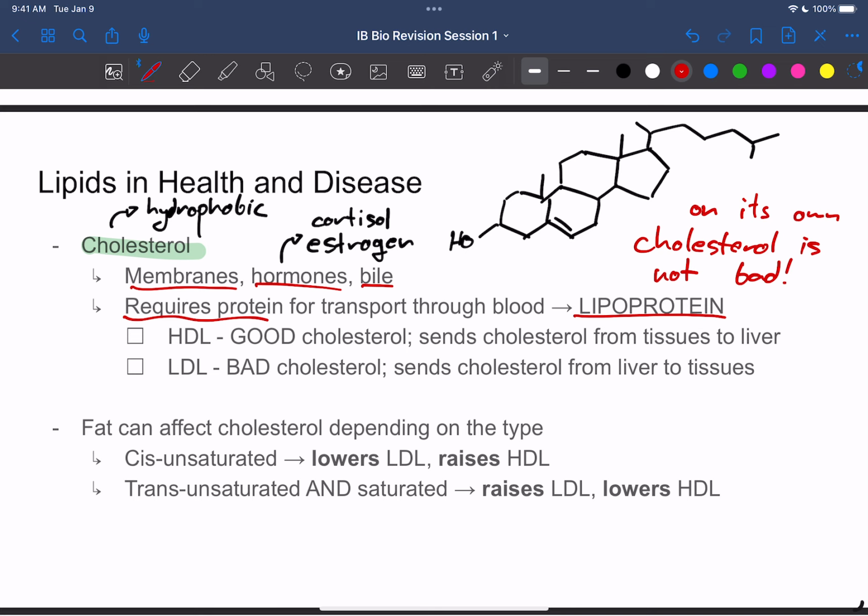So the first one we're going to talk about is good cholesterol, HDL. And HDL stands for high density lipoprotein, and the L stands for lipoprotein.